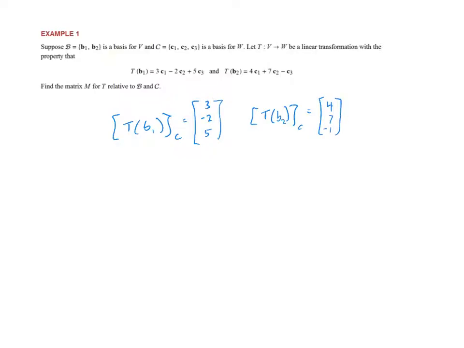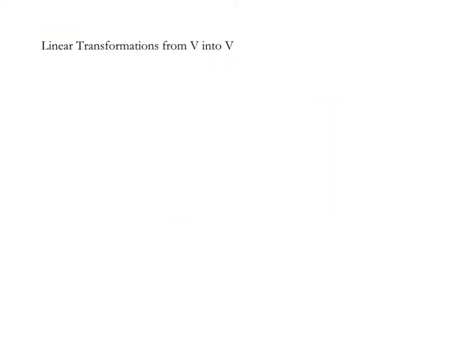Because I'm given that established relationship, all I have to do to write down M is put those two vectors together in a single matrix: 3, -2, 5 and 4, 7, -1. I won't always be given that, but in this case I was, and that allowed me to just write down the answer. T of b1 in terms of c allows me to write that, T of b2 in terms of c allows me to write that, which gets us right to our answer.